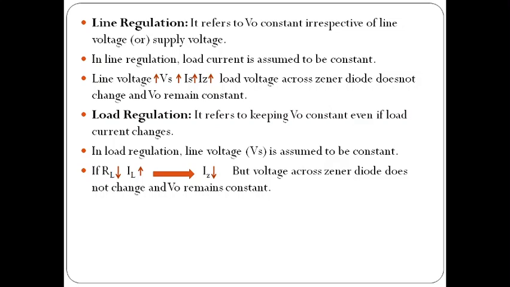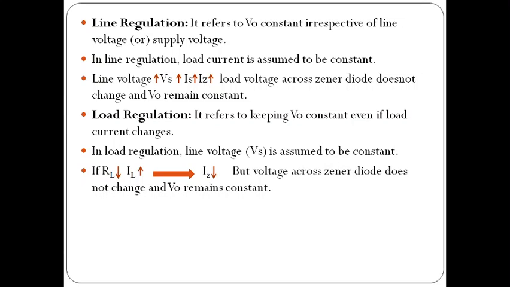And the second case, whatever we said previously, is now named load regulation. It refers to the output voltage being constant even if the load current changes. So here the load is varying. That means we need to consider the input supply voltage or line voltage to be constant.